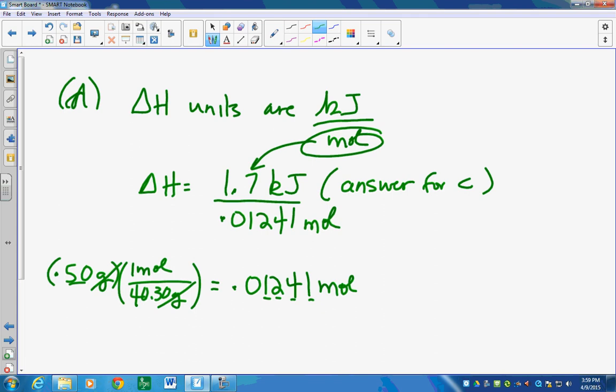So I do 1.7 divided by 0.01241, and I get 137 kilojoules per mole, but I need to make it negative. So this is crazy. Where did the negative come from?